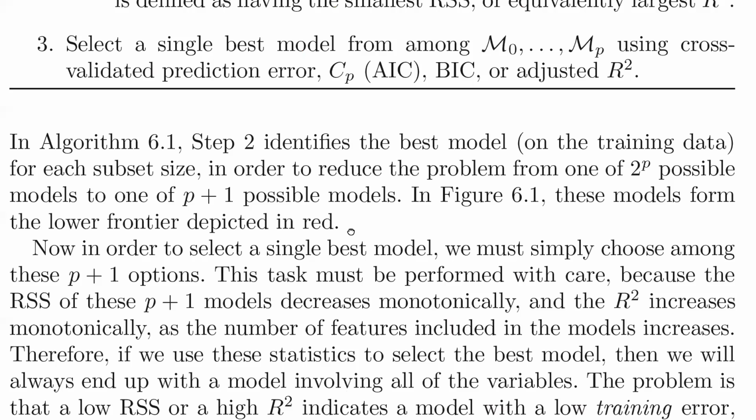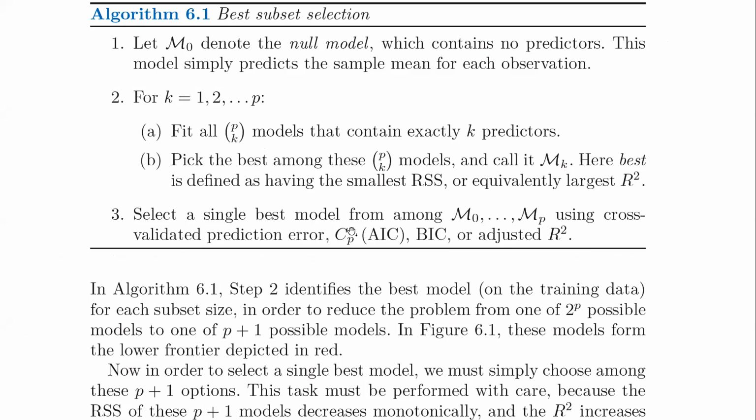In algorithm 6.1, step 2 identifies the best model on the training data for each subset size in order to reduce the problem from 1 of 2 to the p possible models to 1 of p plus 1 models.